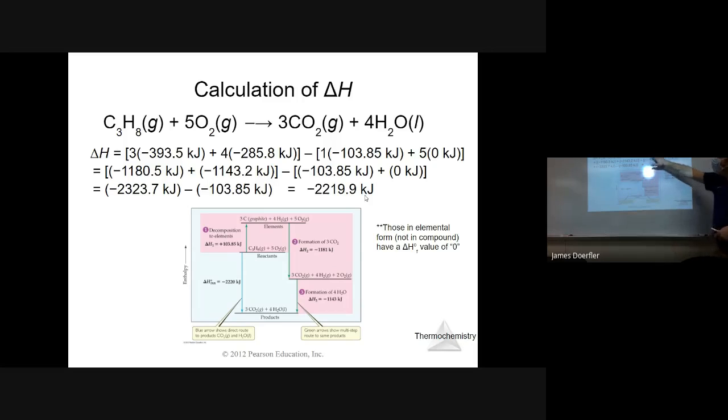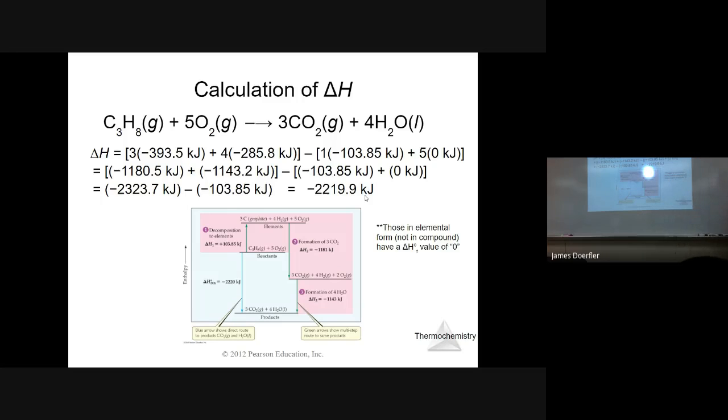Minus our reactants, C3H8. You'll find that underneath carbon as well. It's got this value, and again, it's just got a 1. But the one I really wanted to point out to you is oxygen. Oxygen, in this case, is listed in the reaction as its elemental form, its most stable elemental form.